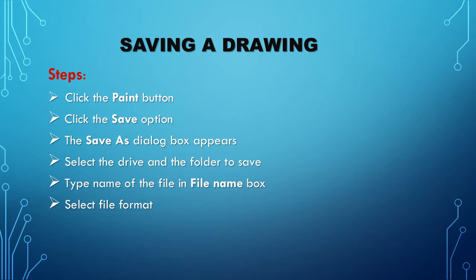After that, you need to select the file format. File format means it may be PNG, JPEG, MPEG, GIF, BMP, or any other mode. You can select the file format for your drawing. And the last thing is you need to click the Save button.